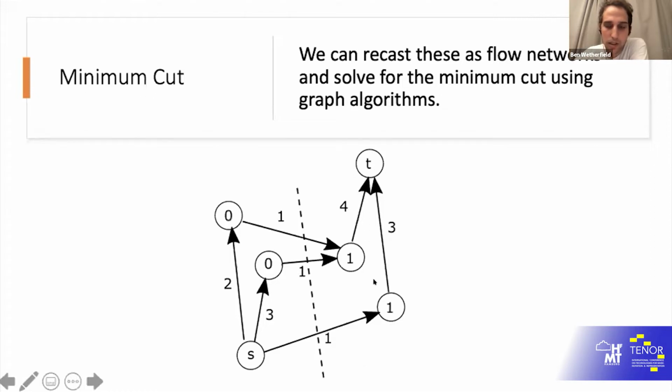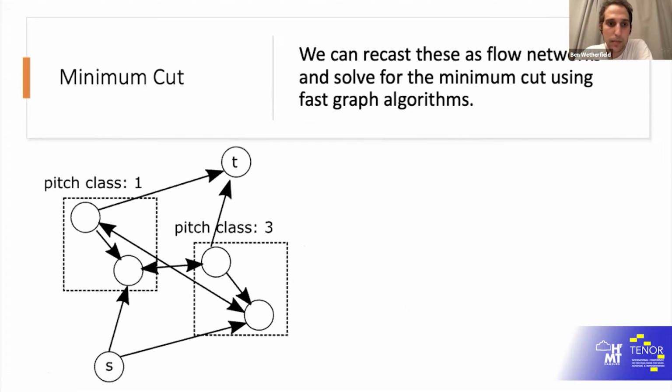The reason this is helpful is that everything on the S side becomes a 0 node, and everything on the T side becomes a 1 node. That maps back onto what we were trying to do in terms of assigning 0s and 1s to our nodes, so that by solving for this minimum cut, we've essentially spelled our collection of pitches.